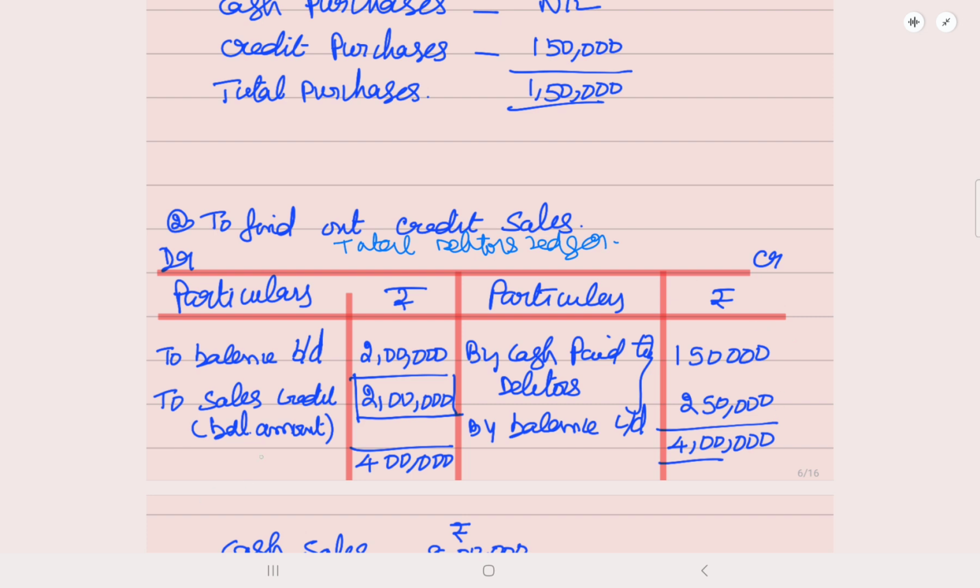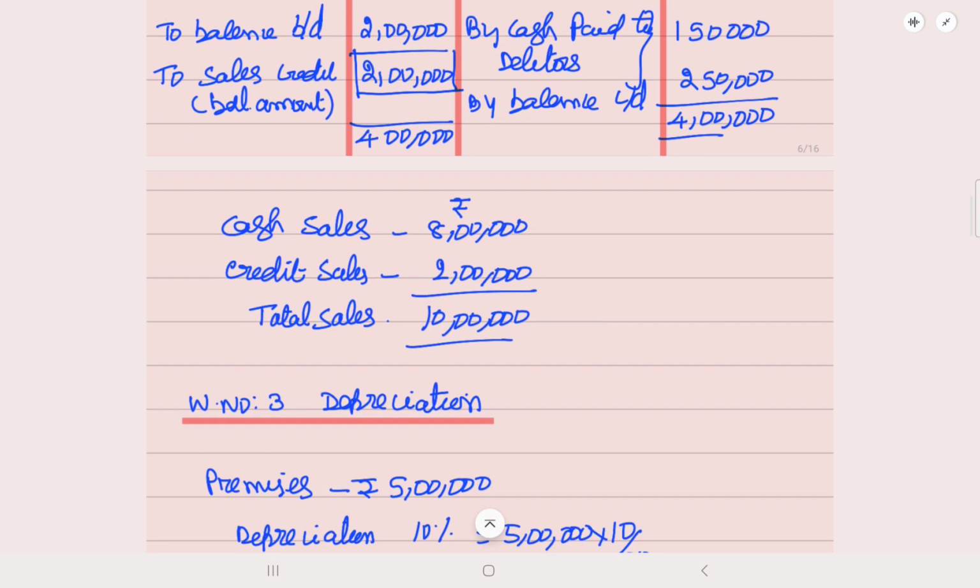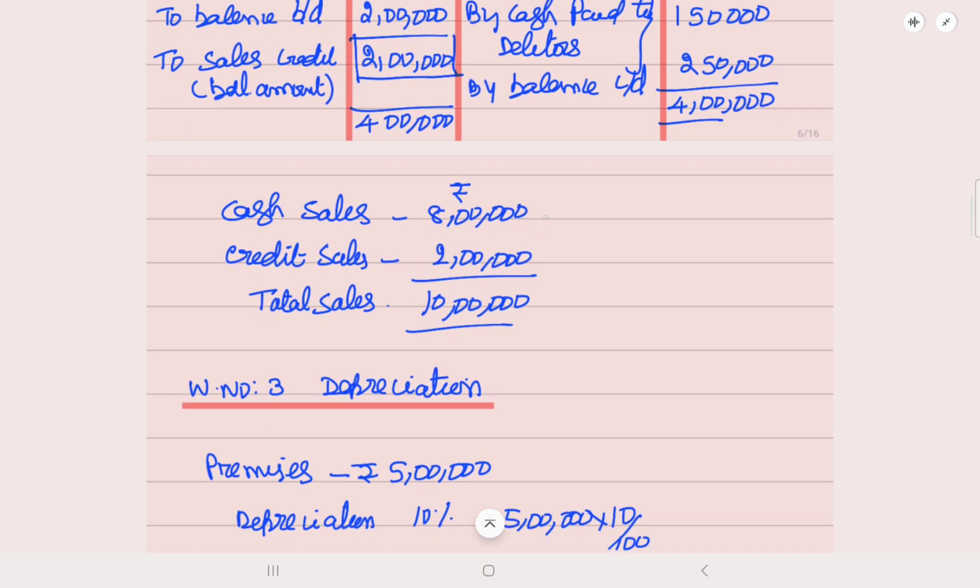Therefore the missing balancing figure 2 lakhs is the credit sales. So total sales: cash sales 8 lakhs given in the cash book, credit sales 2 lakhs, total sales 10 lakhs.